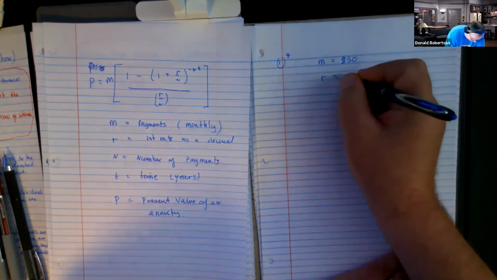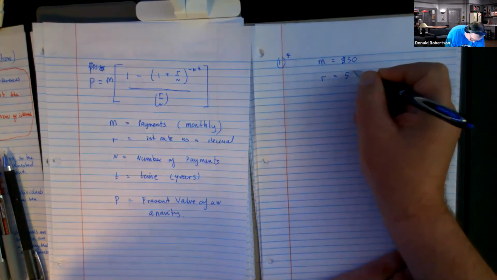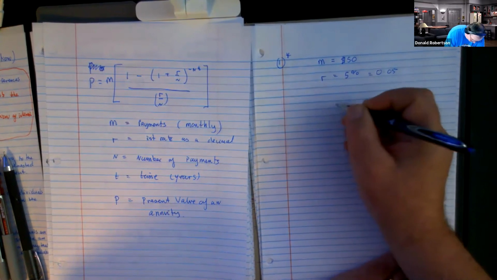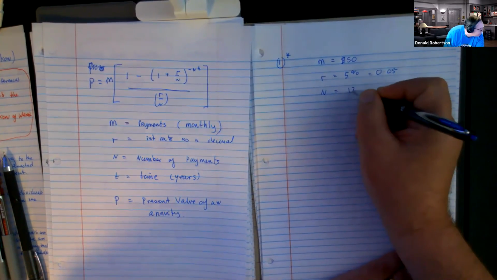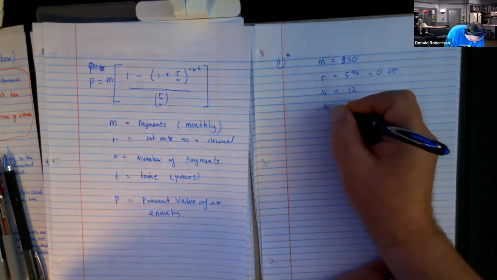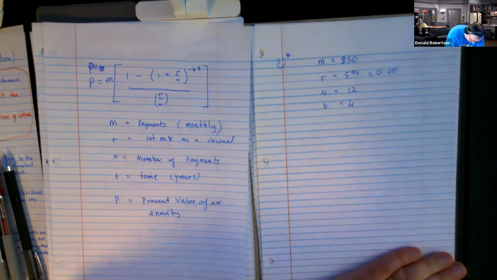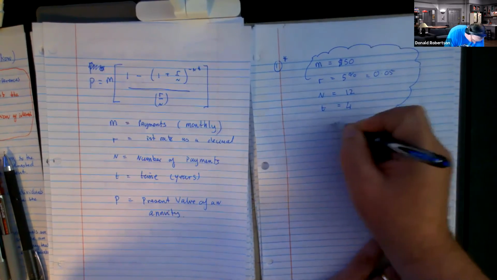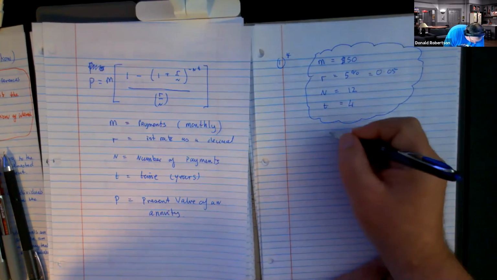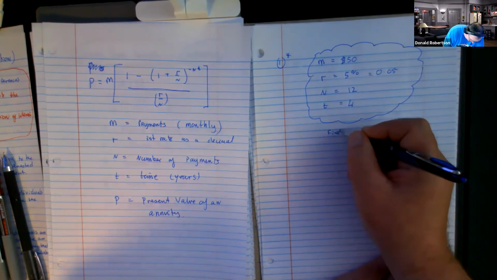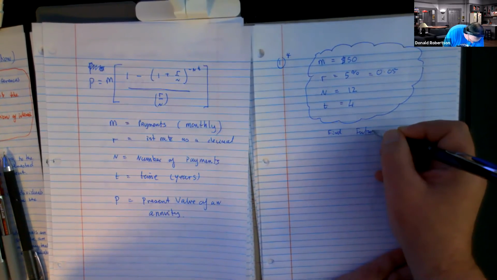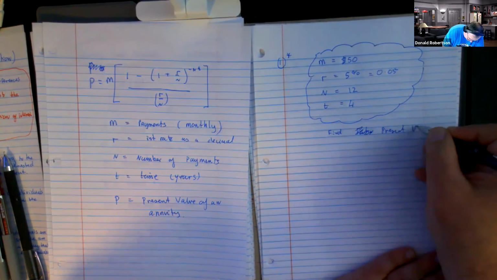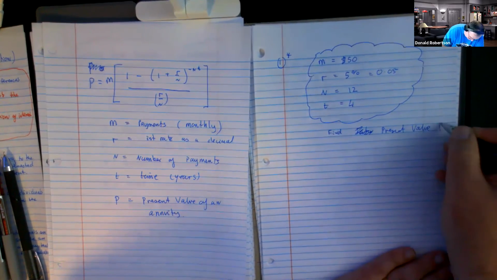The interest rate is 5%, which is 0.05. You're doing it monthly, and the time is 4 years. So there's the guys. And we're going to find the future value. No, sorry, the present value, P.